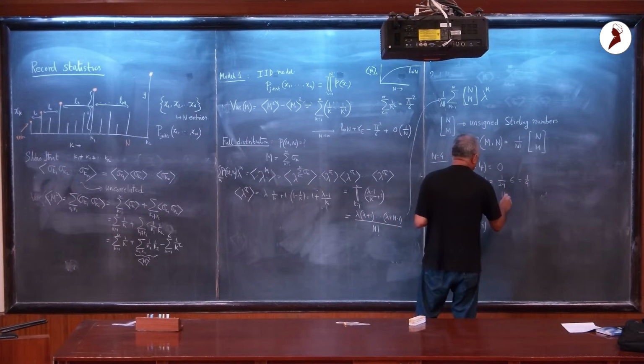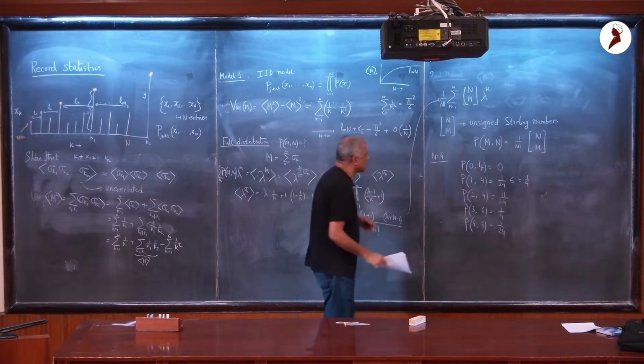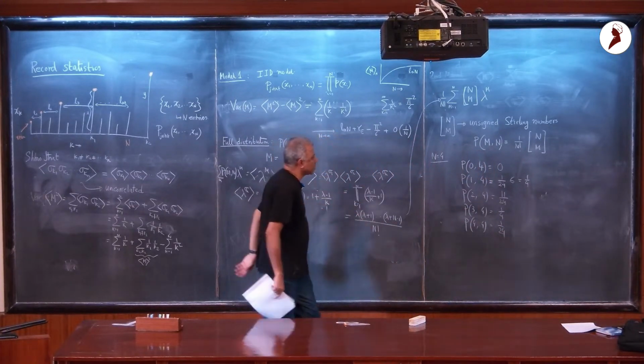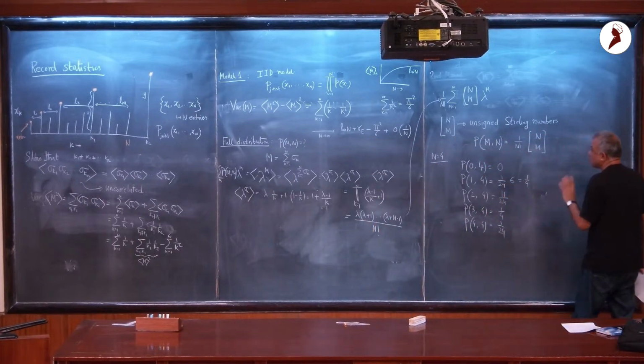Probability of 2 will be 11 over 24. Probability of 3 will be 1 quarter. And this is 1 over 24. So it's a very nice combinatorial structure. These are well-known objects. So you have an exact full distribution of the number of records, which you can read off from there.